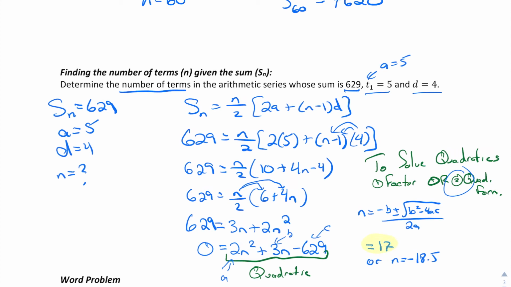And so we get n is equal to 17 or n equals negative 18.5. And so logically, we can only have a positive number of terms. We can't have a negative number of terms. And so therefore, there are 17 terms.